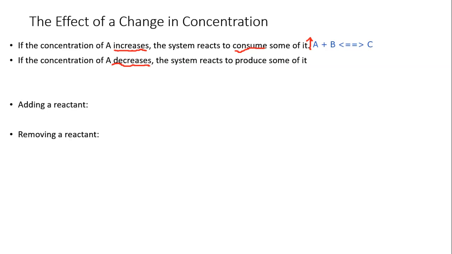So what does that mean? The system's going to react to make product. Now if we decrease the concentration of A, let's say we have the same equation, A plus B.